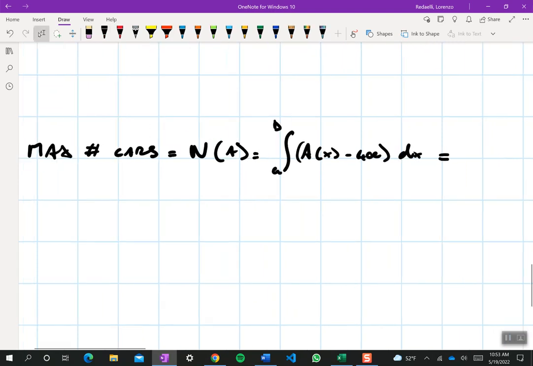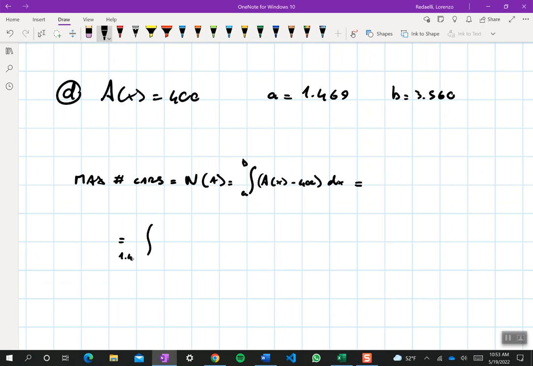Now we plug in the values we just found: the integral from 1.469 to 3.560 of 450 times the square root of sine of 0.62t minus 400 dt.